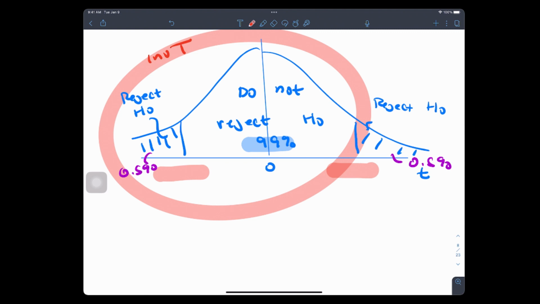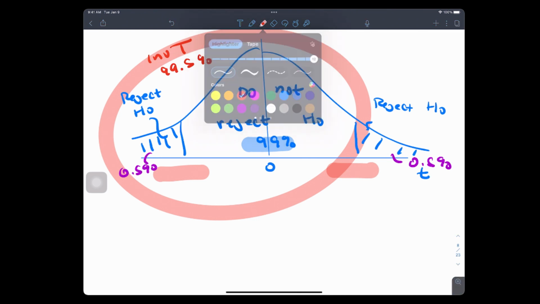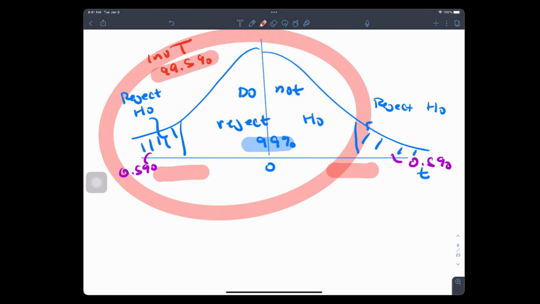Inverse T. Area to the left of the rightmost critical value, 99.5%. This is for critical values, ladies and gentlemen. It's almost easier using the T-table. If you guys want to know the truth, I think it's easier using the T-table personally.